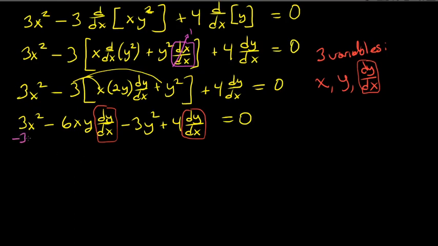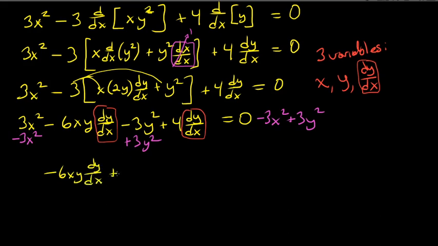We can subtract the 3x squared, and we can do, well, the opposite of subtracting 3y squared is adding 3y squared. So now on the left we have, let's see, negative 6xy times the derivative of y plus 4 times the derivative of y equals, well, negative 3x squared plus 3y squared.